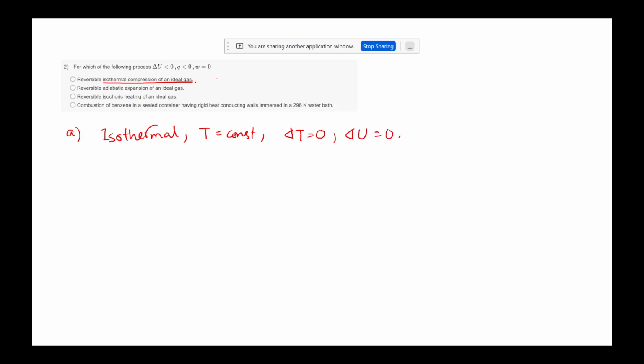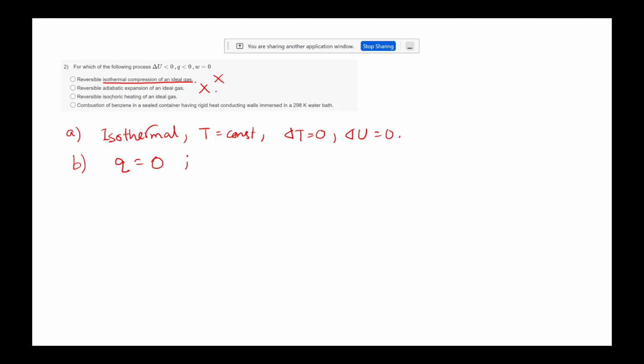So this option is not possible. And also compression means there will be volume change, so there will be some work. Second option, reversible adiabatic expansion of an ideal gas. Now for adiabatic expansion, Q equal to 0, no heat exchange, so this is also not possible.